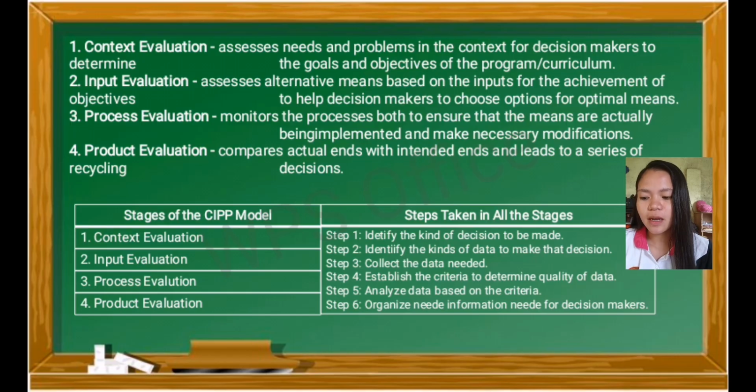Fourth step is to establish the criteria to determine quality of data. Fifth step is to analyze data based on the criteria. And the last step, number 6, is to organize needed information for decision makers. So those are the six steps of the four stages of the CIPP model.